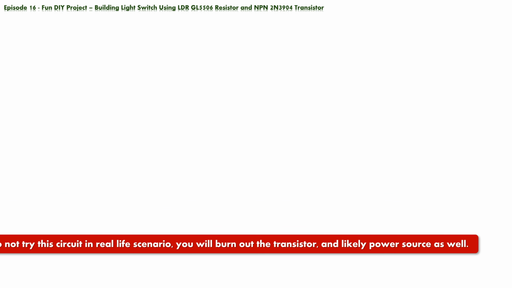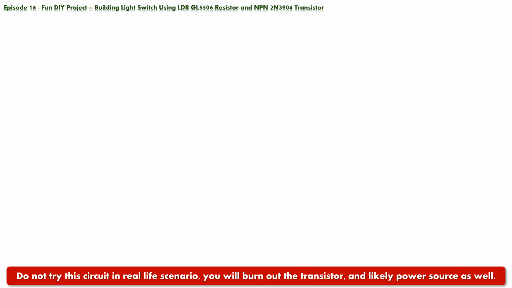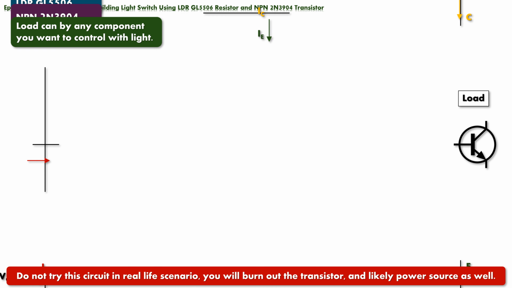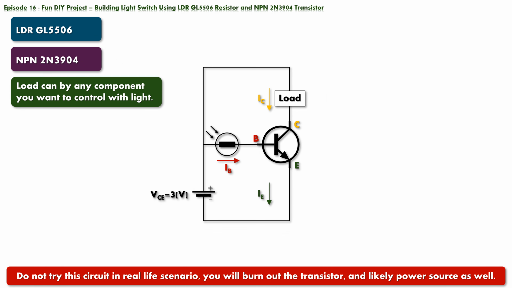Now, with definitions out of the way, let's see what logic we can implement in the design of this light-controlled switch circuit. What first comes to mind is to use the LDR as a base current regulating resistor. Let's assemble a simple circuit containing an LDR GL5506 resistor, an NPN 2N3904 transistor, and a 3 volt power source.